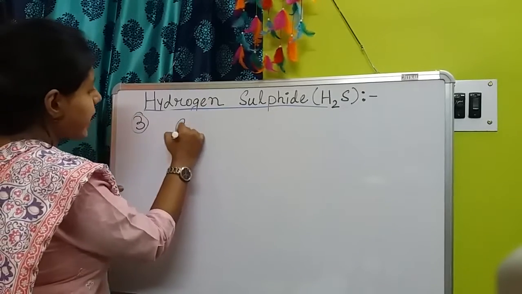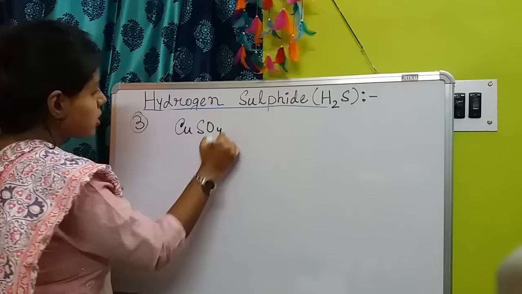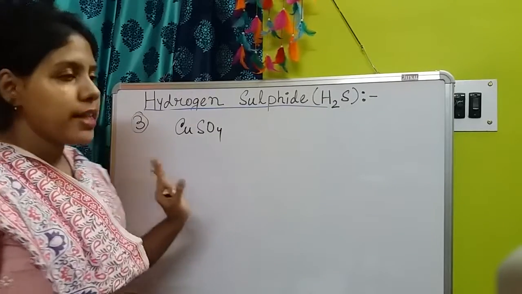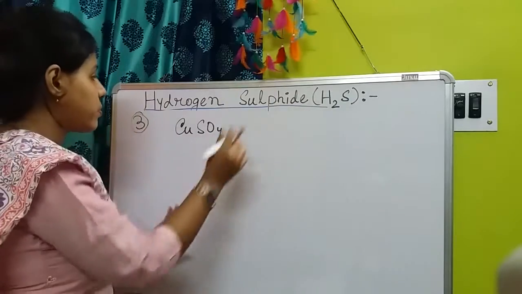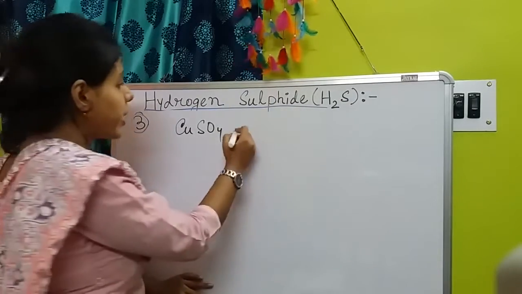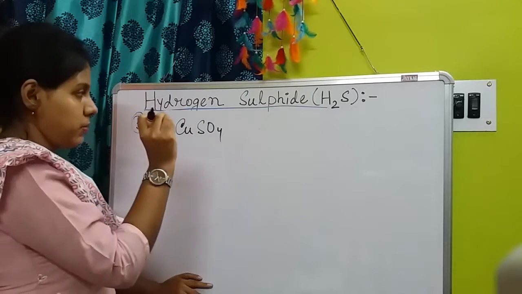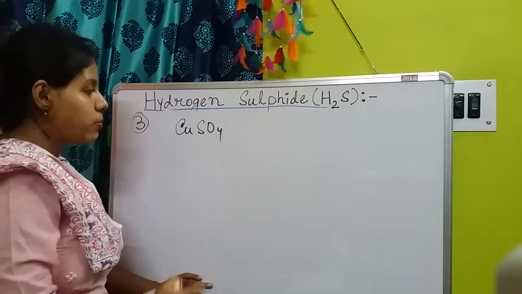Just see example number 3, precipitation reaction. Suppose we have taken copper sulfate, which is also called blue vitriol. The pentahydrate of copper sulfate is called blue vitriol.